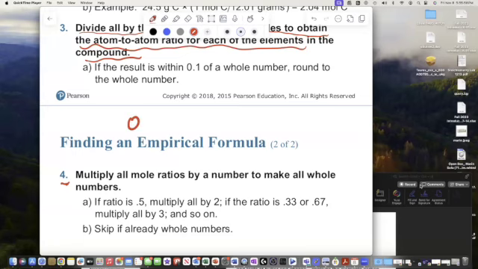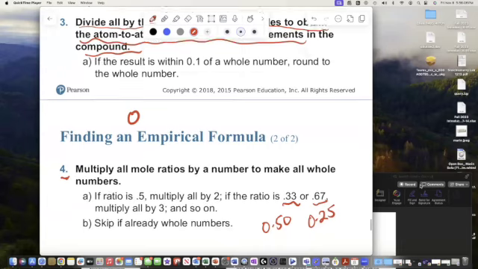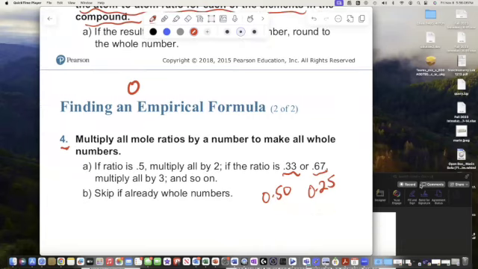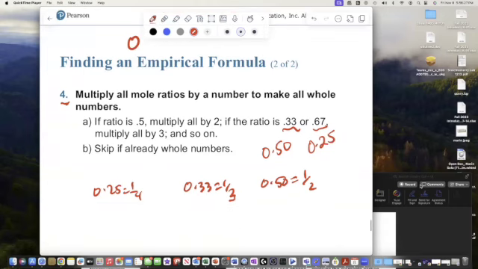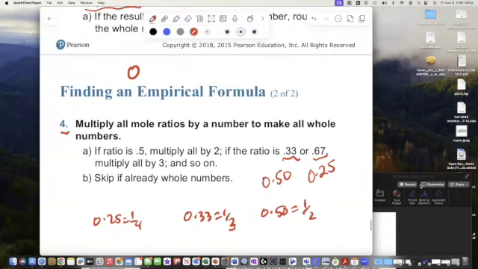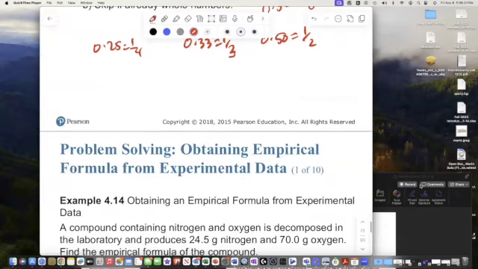So if you get a special ratio like 0.33, 0.67, 0.50, 0.25, these are pieces of atoms, right? 0.33 is the same thing as a third. 0.5 is the same thing as half an atom. 0.25 is the same thing as a quarter of an atom. So we're going to multiply these special decimal places or special ratios by a whole number to make sure we're getting a whole atom. Because Dalton said, when atoms combine, they combine in wholes.